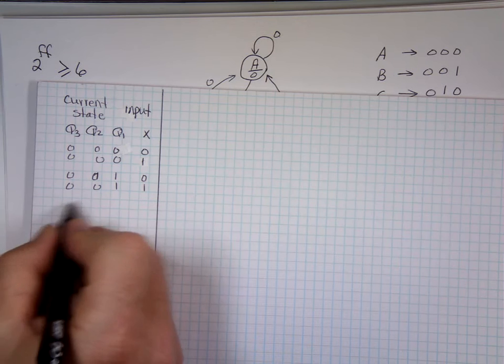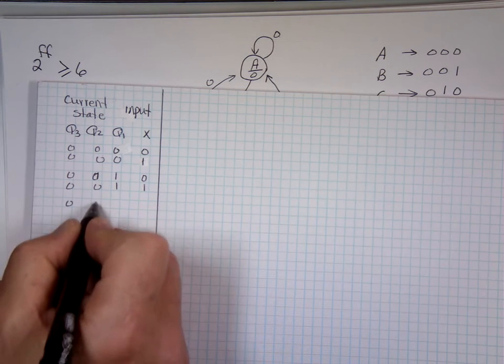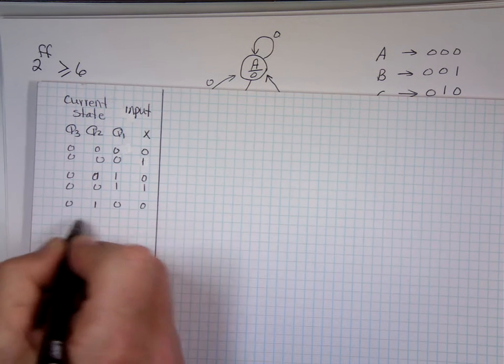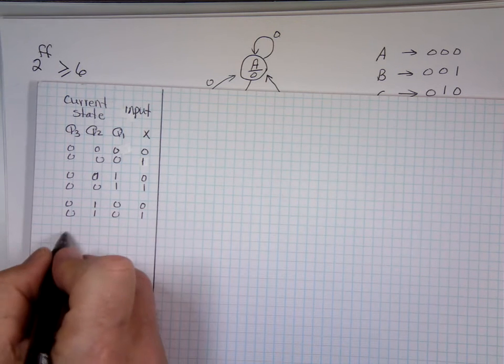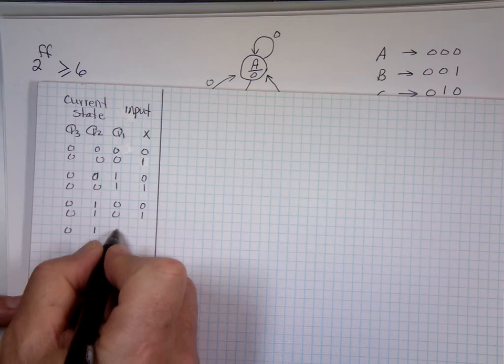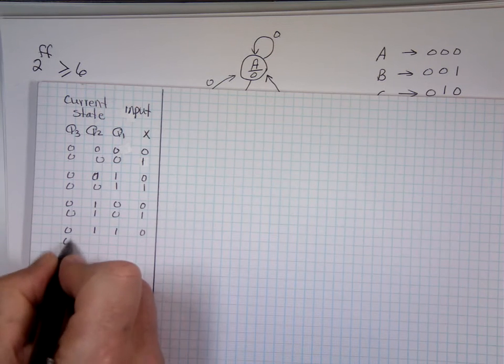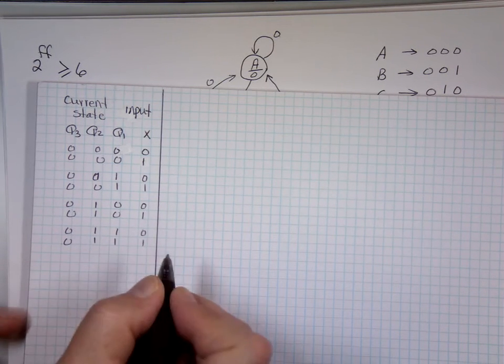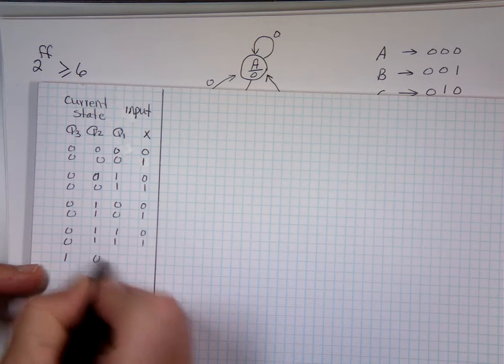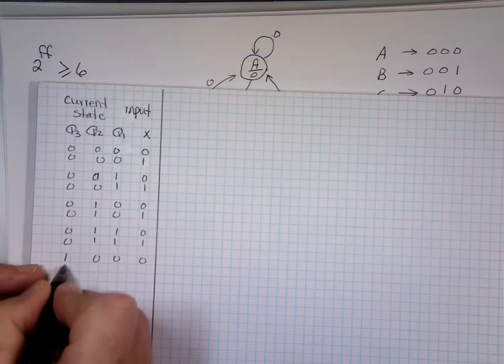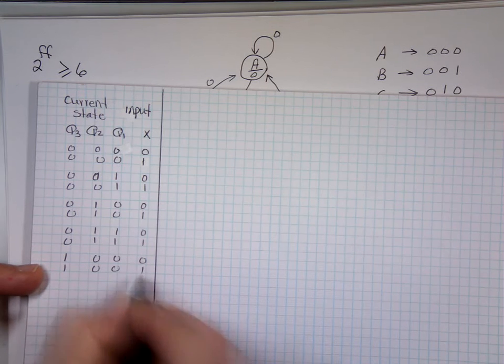Next one, I'll leave a space between them. 0, 1, 0, 0, 0, 1, 0, 1. The next one, 0, 1, 1, 0, 0, 1, 1, 1. The next one, 1, 0, 0, 0, 1, 0, 0, 1.